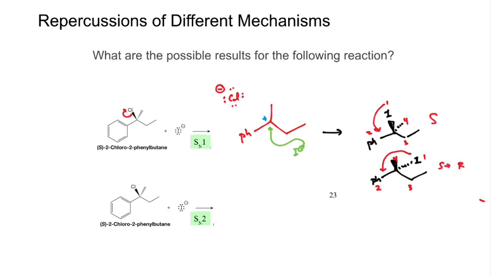S goes to R, I get an R and an S. The net result is a loss of stereochemistry.